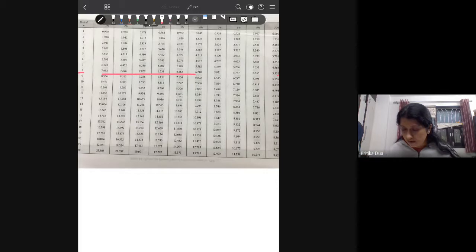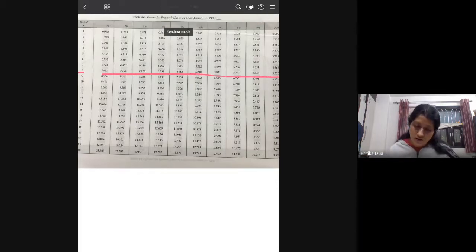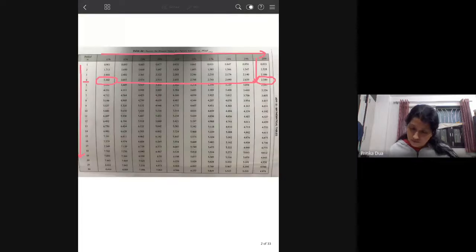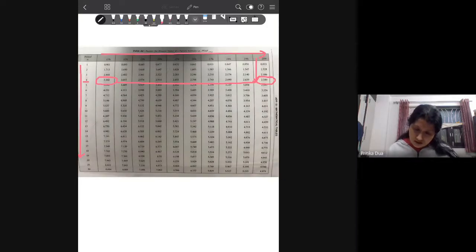So I am not able to get one here. I move to the rate of interest after having the correct table.